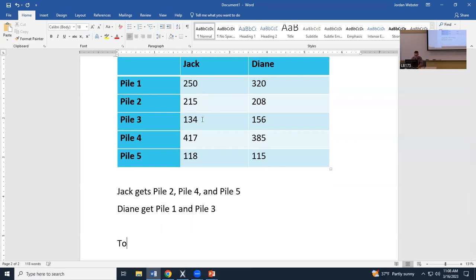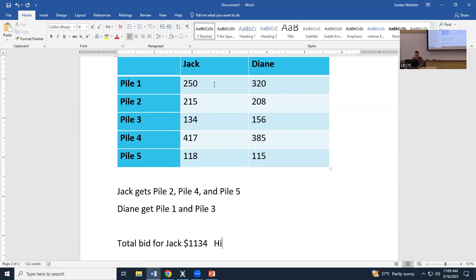So the total bid for Jack, 250 plus 215 plus 134 plus 417 plus 118. Total bid for Jack is $1,134.